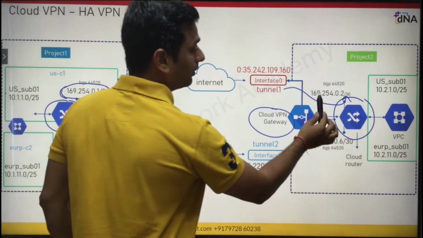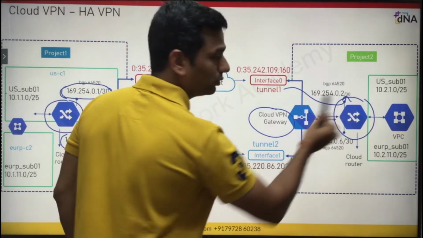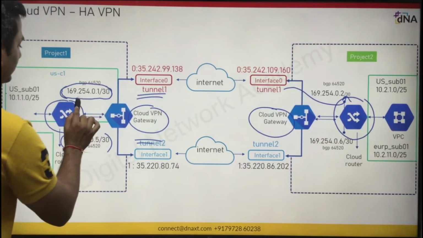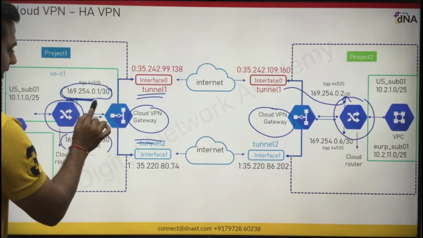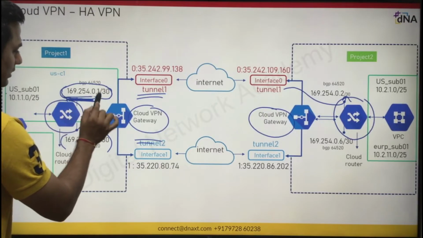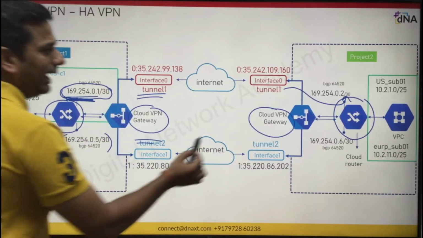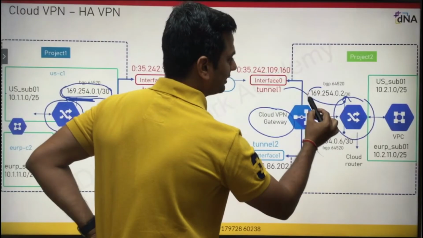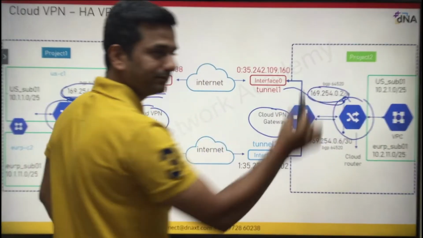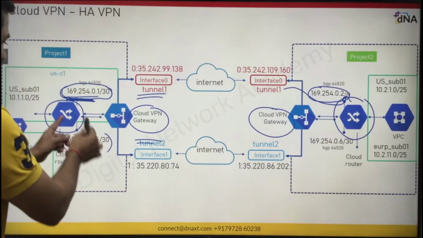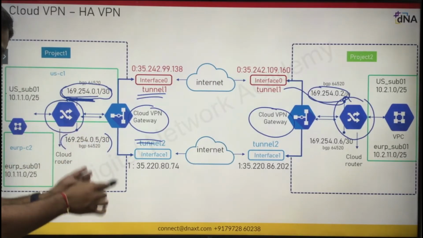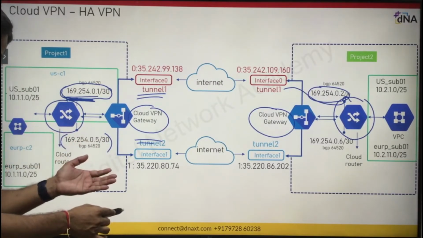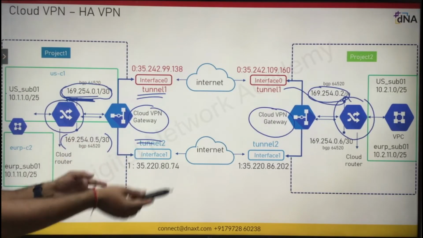Clear? So for this tunnel 1 interface, or cloud router interface, my local IP address is 169.254.0.1 and my remote IP address is 169.254.0.2.